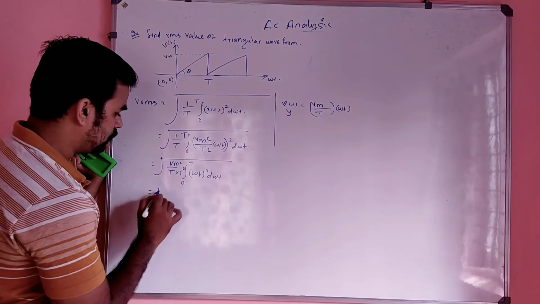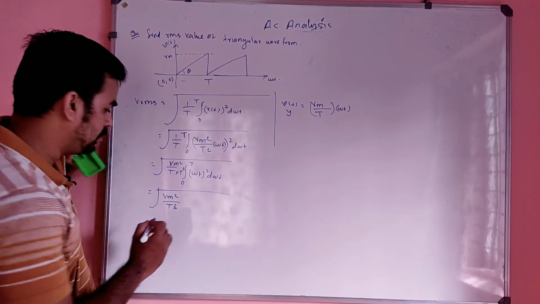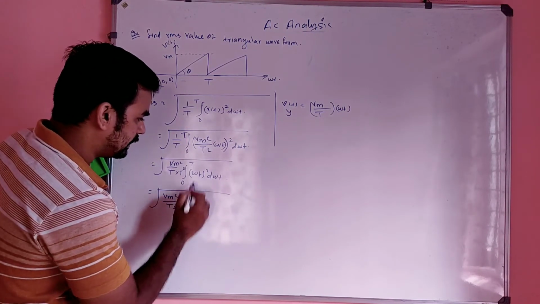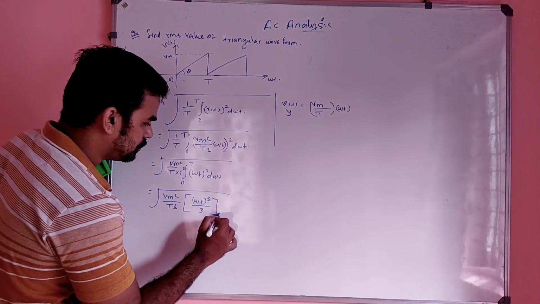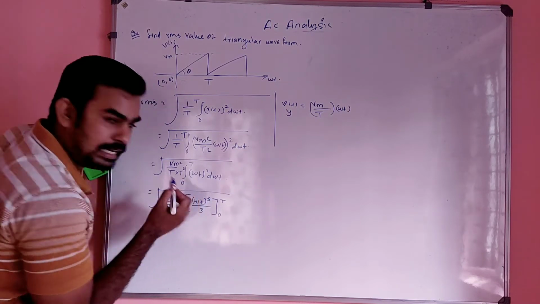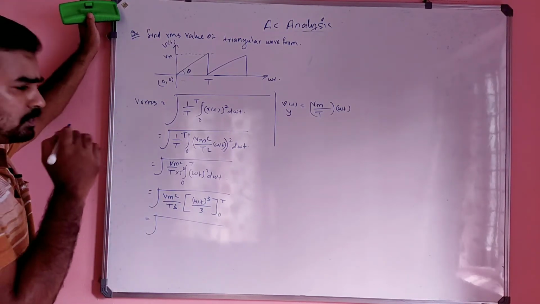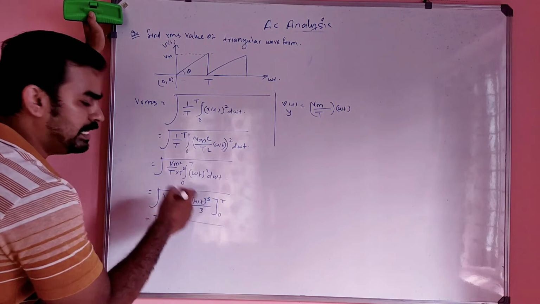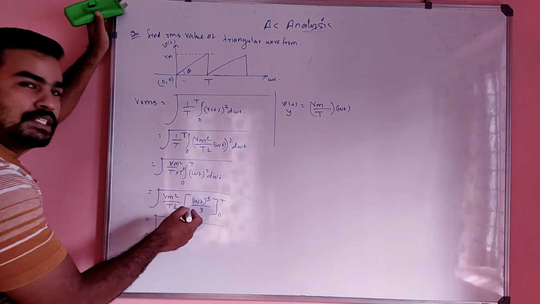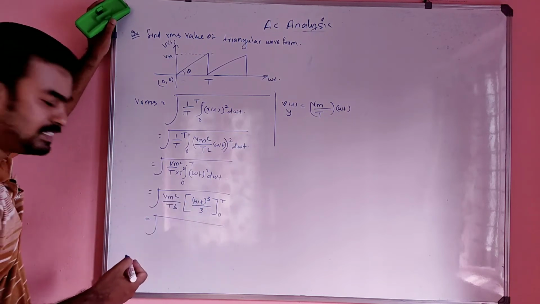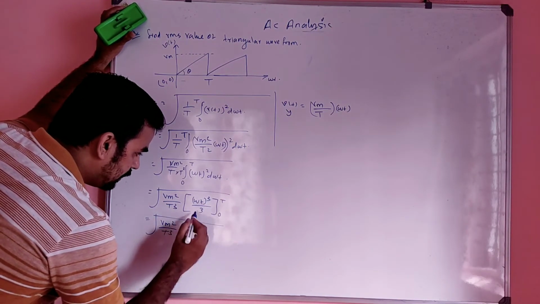So that result will be root of Vm square divided by T cube into the integration, which becomes omega t cube divided by 3 from 0 to T. See, the variable with respect to which we integrate is very important. Sometimes it is simply with respect to t, but here it is with respect to omega t, so please note the change.